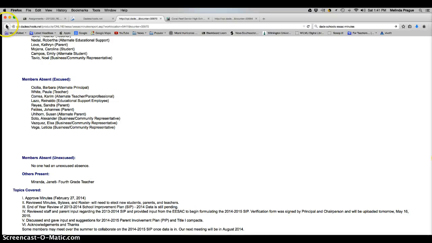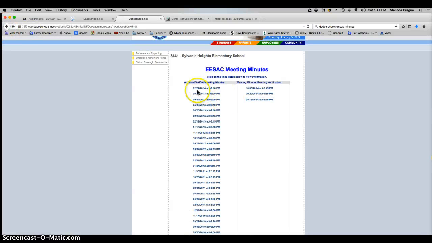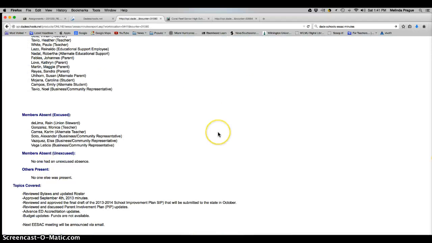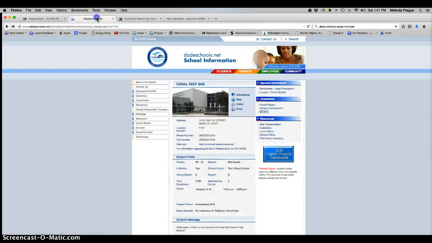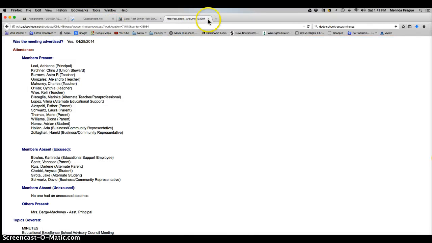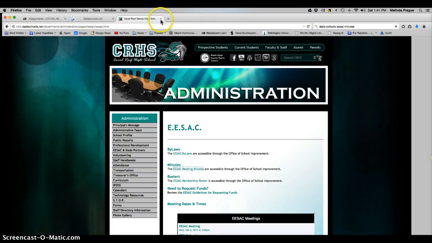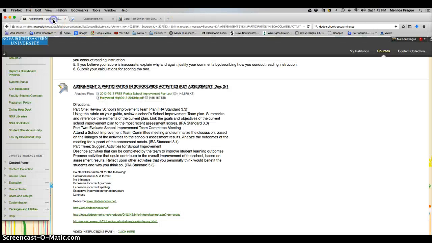Maybe because this was the last one, they don't have much. Let's just click on something else and see, do we get any better results? Their meeting minutes seem to be quite brief, doesn't give us a lot of information. So interesting, as you can see the differences between them. So I encourage you to explore a little, see what you can find out, use what is available to you in the best way possible.